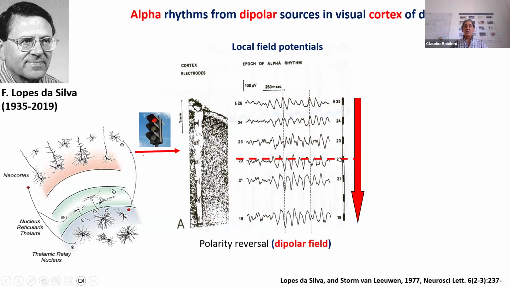And you see here the approximate level of the generators of cortical alpha rhythms from the visual cortex of dogs. And this opposite polarity of EEG activity in the surface and deep cortical layers confirms the dipolar nature, the two poles, of the generators of alpha rhythms in the cerebral cortex.